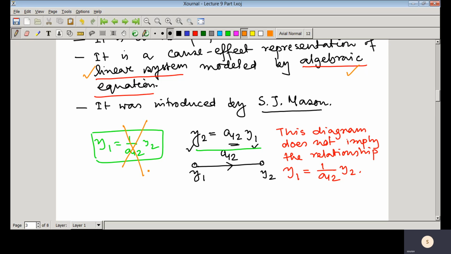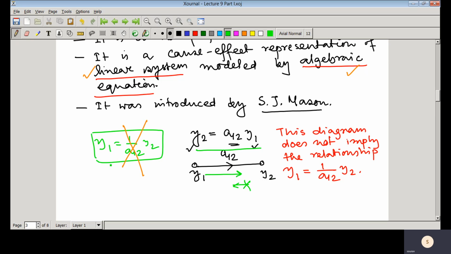The reason is, you can see the signal flow graph is showing that the signal is flowing from y1 to y2. So along that direction the signal is flowing, but there is no signal flowing from y2 to y1.